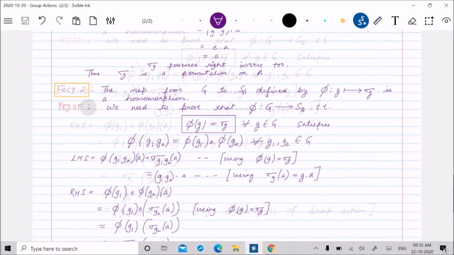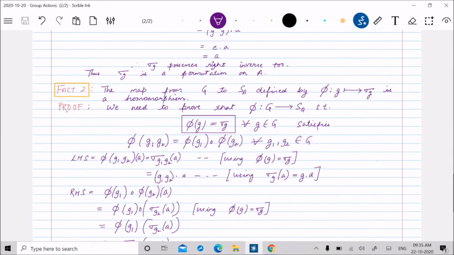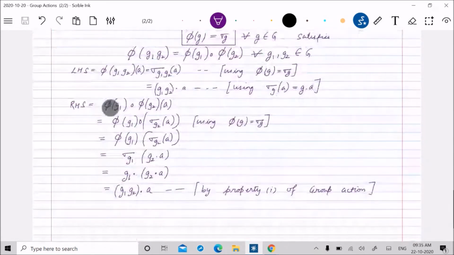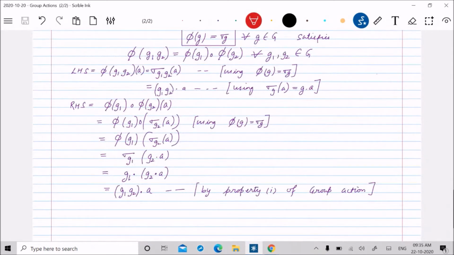Important thing about this phi, because phi just came into existence now. Phi is a homomorphism, and this should be written in red color, because red color is remembered for a long time, and is visible from a long distance.